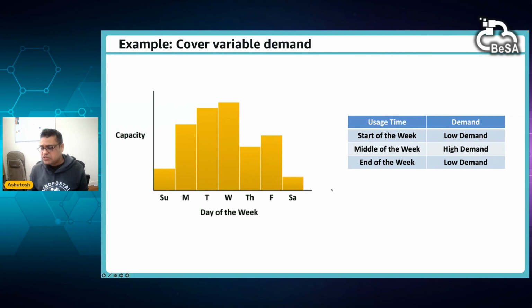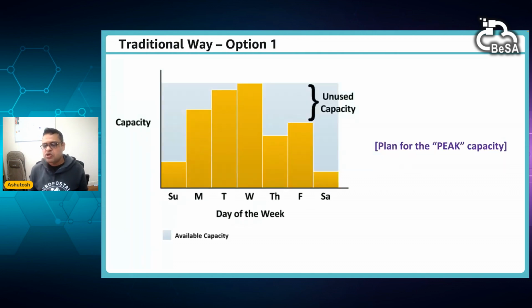Now to cater to this, there are a couple of mechanisms which we can use. First is the traditional way. And by the way, this is not limited to cloud. This is very well valid for on-premise as well, and this is how we do it in on-premise, and that's why there is a push to move to cloud.